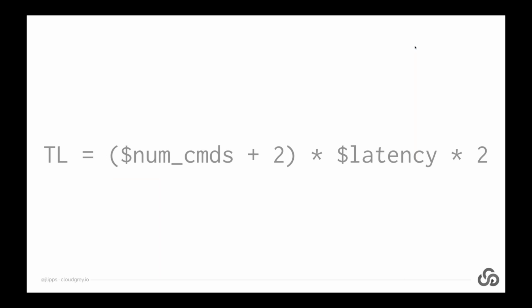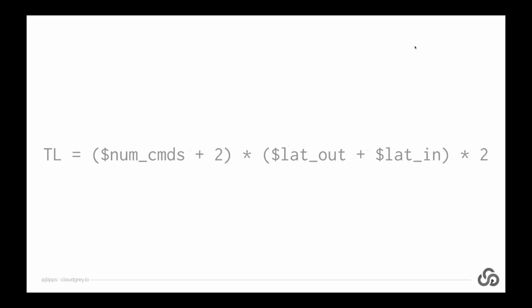So if before we had this formula where total latency or time lost is the number of commands plus 2 times the latency doubled, now we actually have something a little bit more complex, where we have both the outside latency and the inside or internal latency, and you actually have to add those together when you're dealing with a load balancer and then multiply the result by 2.